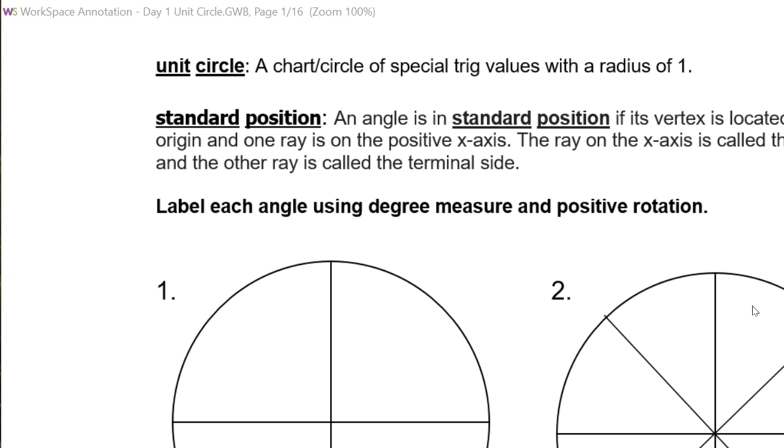Is a chart or circle of special trig value with a radius of 1.